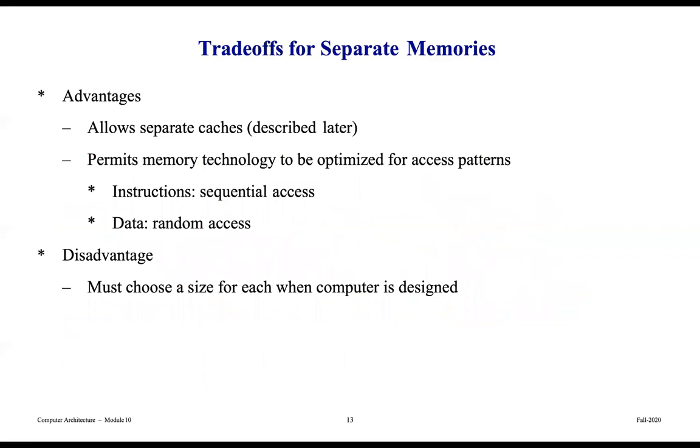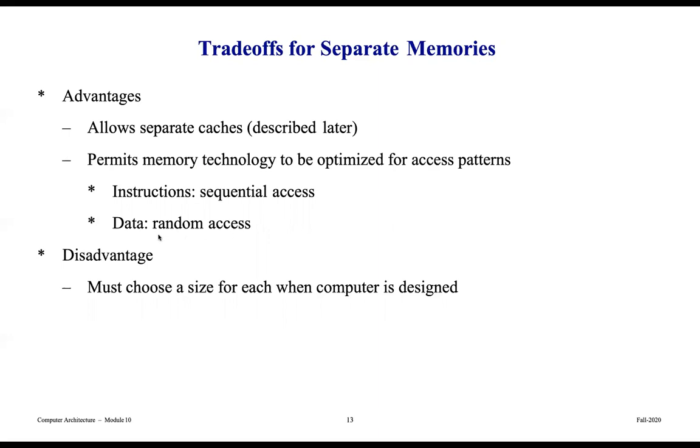So what are the trade-offs for separate memories? The advantages: it allows separate caches, and we'll get more into this later. It permits memory technology to be optimized for access patterns. So if we're thinking of instructions, you could see how often that's going to be much more sequential. You do one instruction then the other. Sometimes there are branches and stuff like that. Data, you definitely would need to have random access.